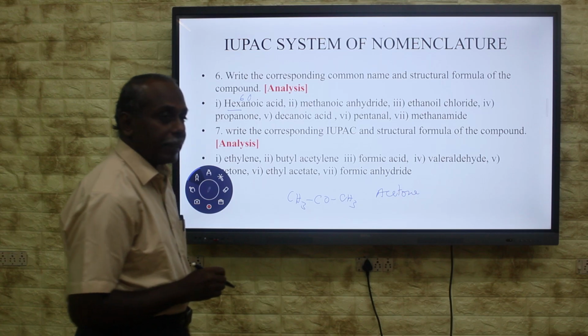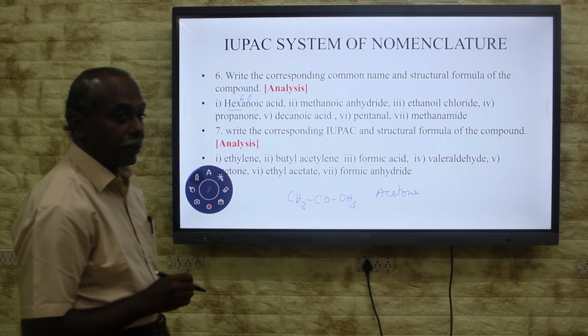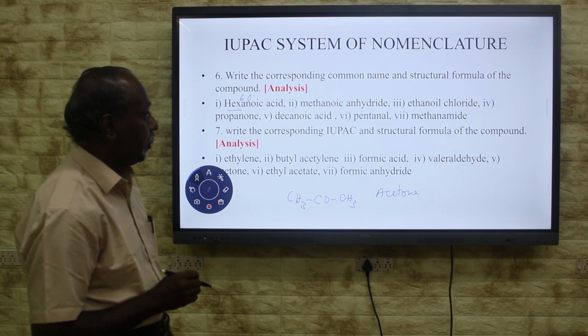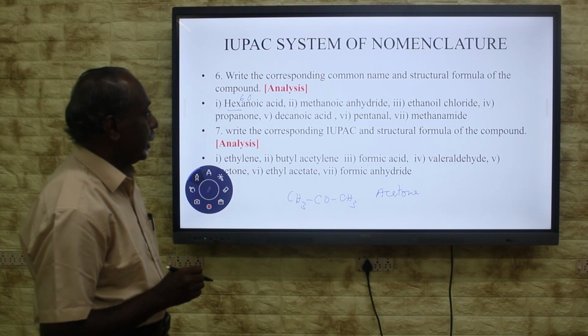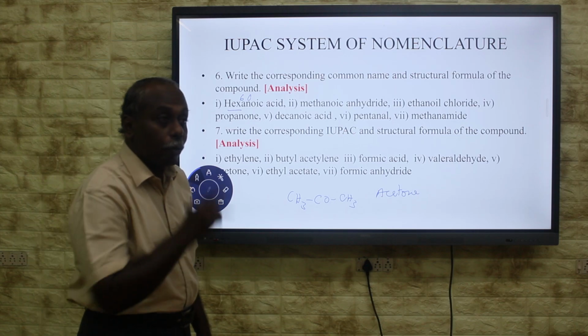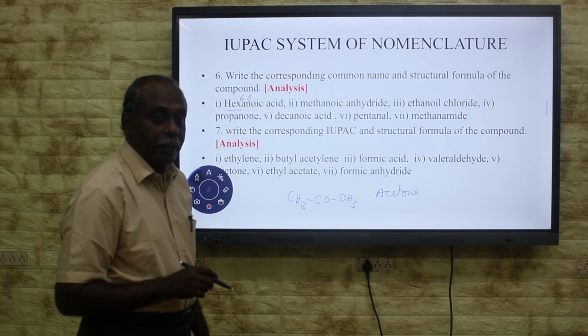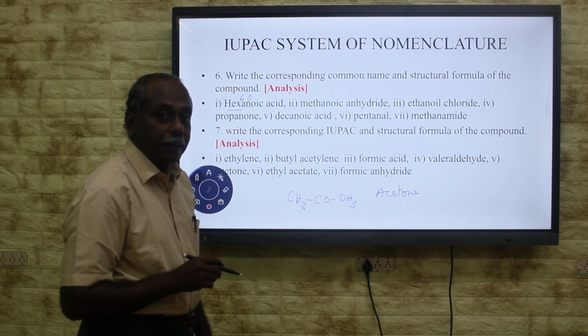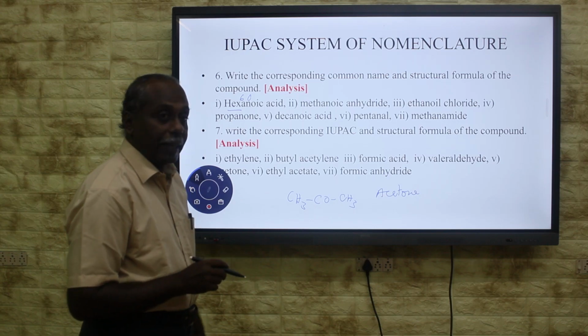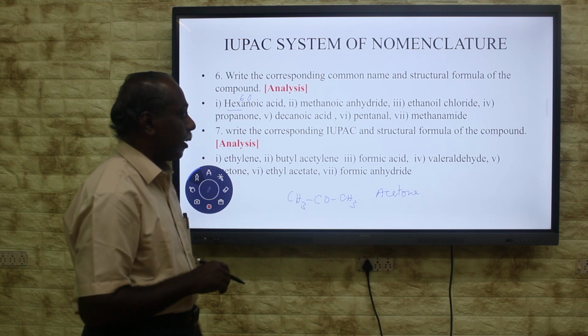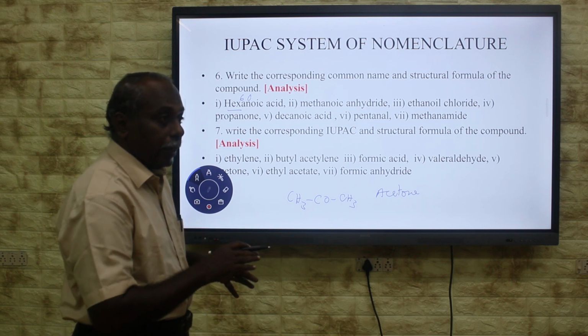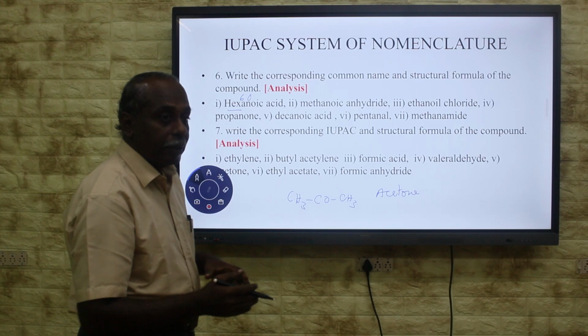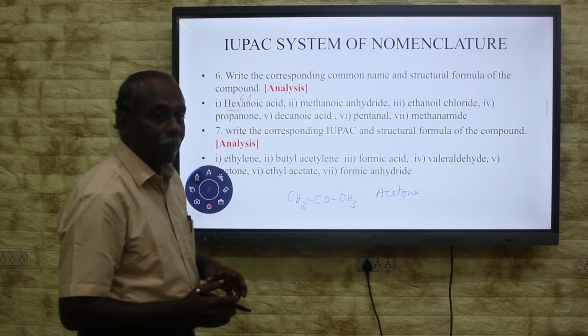Then decanoic acid is a 10 carbon carboxylic acid, and the common name is capric acid. Then pentanal: you go for the carboxylic acid. Valeric acid, valeraldehyde. Therefore, when you go to the trivial name, first you start from the carboxylic acid.